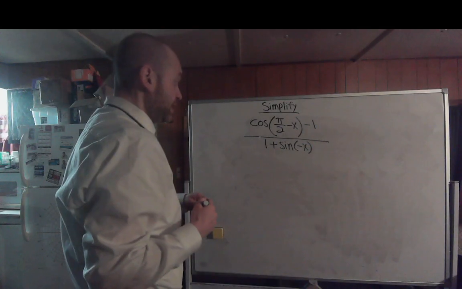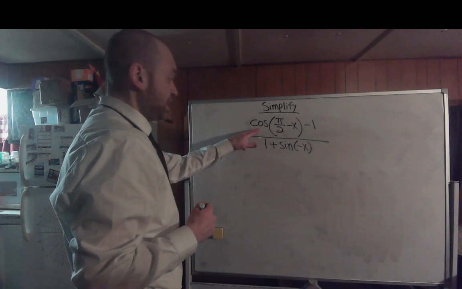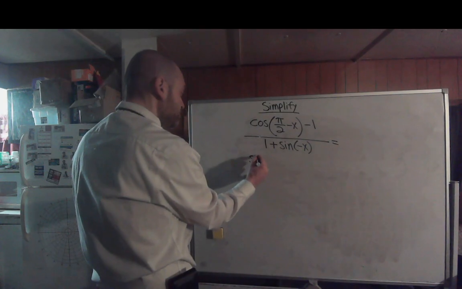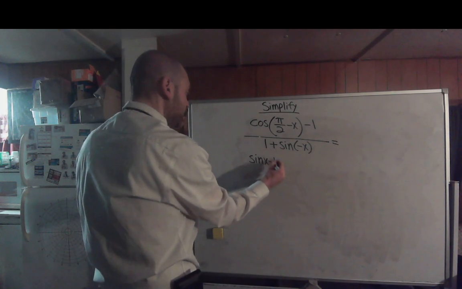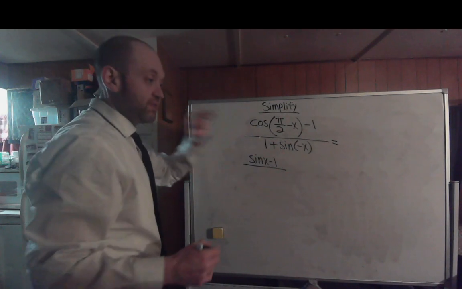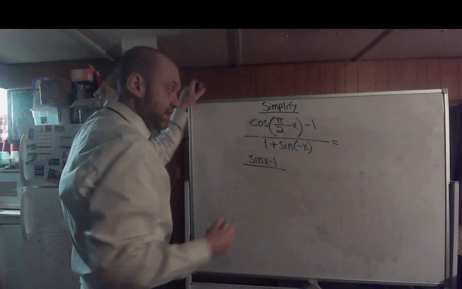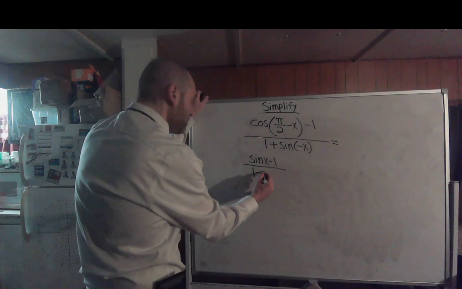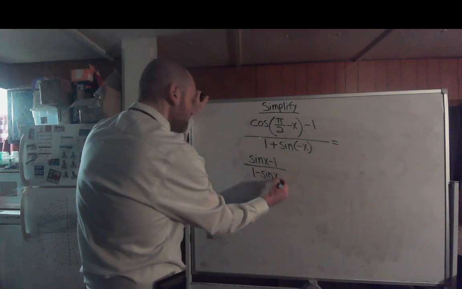Well, what is that cosine of pi over 2 minus x? That's the same as the sine of x, right? So this would just turn into the sine of x minus 1 all over 1 plus the sine of negative x. Well, sine of negative x is negative of the sine of x, so this would be all over 1 minus the sine of x.